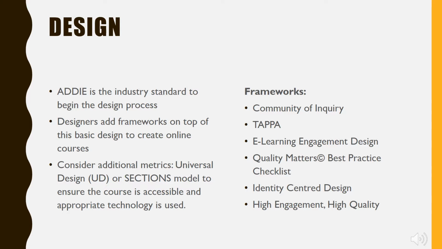It all really depends on the type of course that they're designing and what it is that different institutions actually want to teach the students. Universal design was very, very important to make sure that things were accessible to all users.